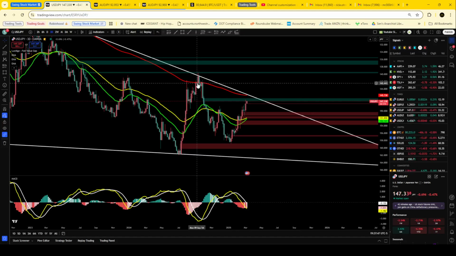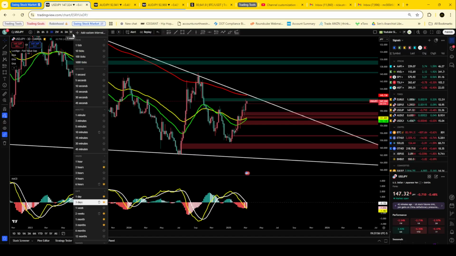Now, I would say you can look at the hour time frame just to understand how price moves. But I would not suggest you guys trade on anything lower than 2 hours.